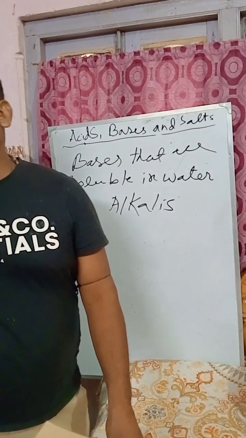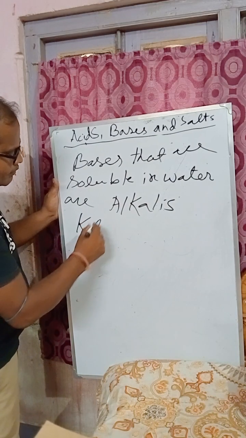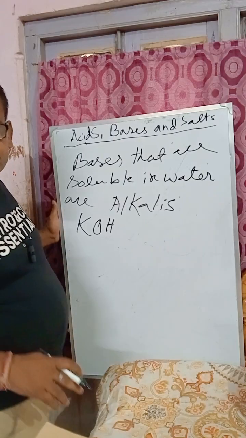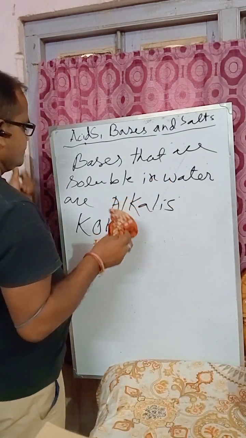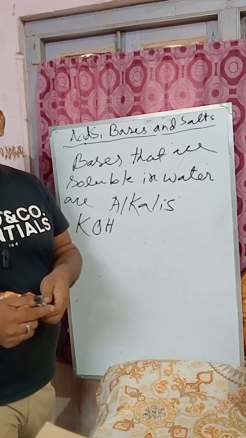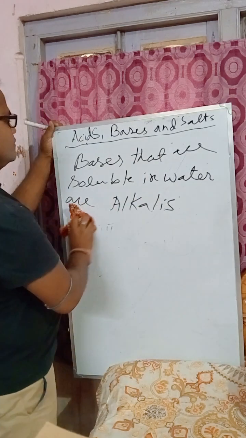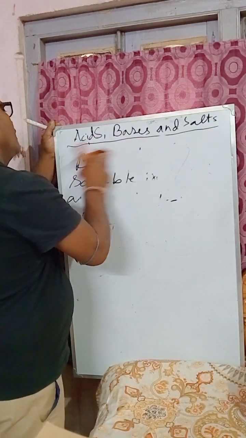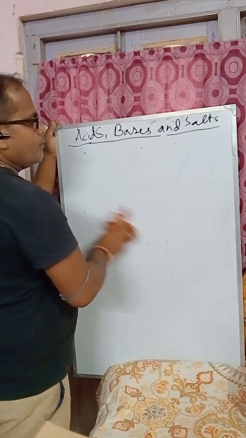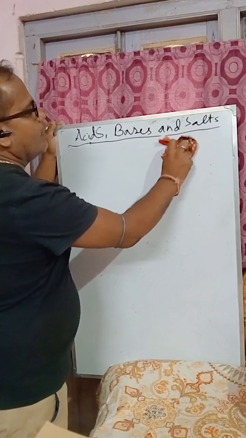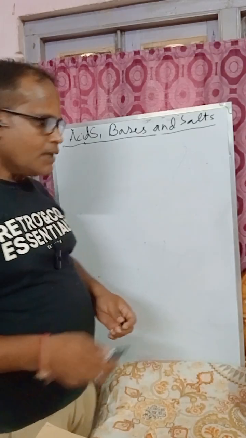Examples of alkalis are KOH, potassium hydroxide. Or can't you say NaOH, sodium hydroxide?